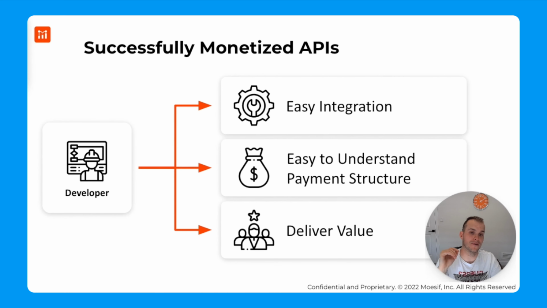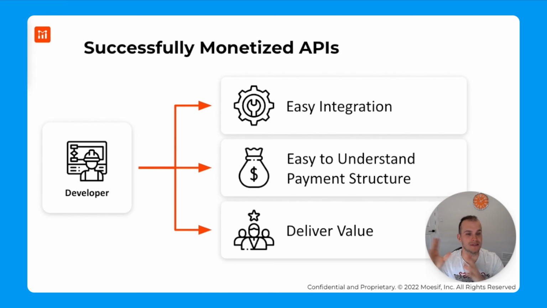They enable developers to understand the payment structure easily. So here is your base subscription that includes 3,000 events, and then for every 1,000 events that you're over, you're going to pay X amount of dollars. This is really key to make sure that you don't have sticker shock from the first month that a developer uses the API, or that their organization just doesn't see it as a worthwhile investment.